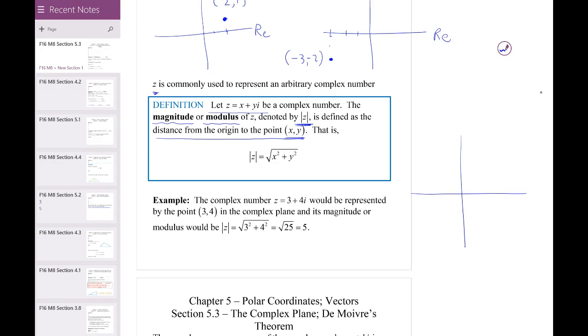So you can see how if you have the point (3, 4), which in the imaginary and real axes of the complex plane represents the number 3 plus 4i, then you can see that the distance from the origin to this point that's representing that complex number is going to be 5, which is the square root of 3 squared plus 4 squared. So that's the modulus or the magnitude of z, the complex number.